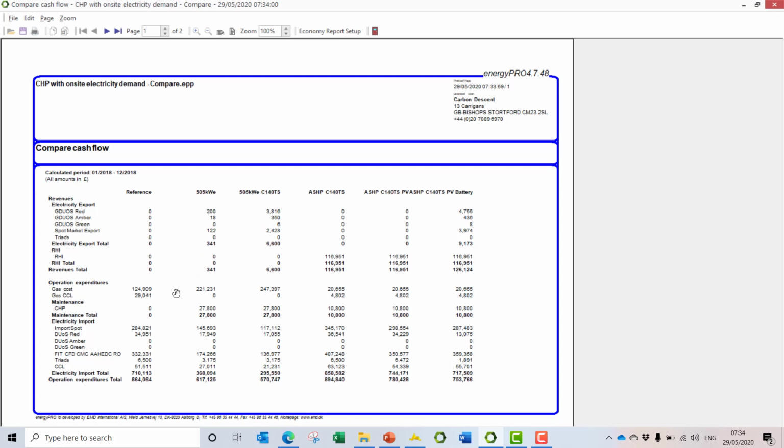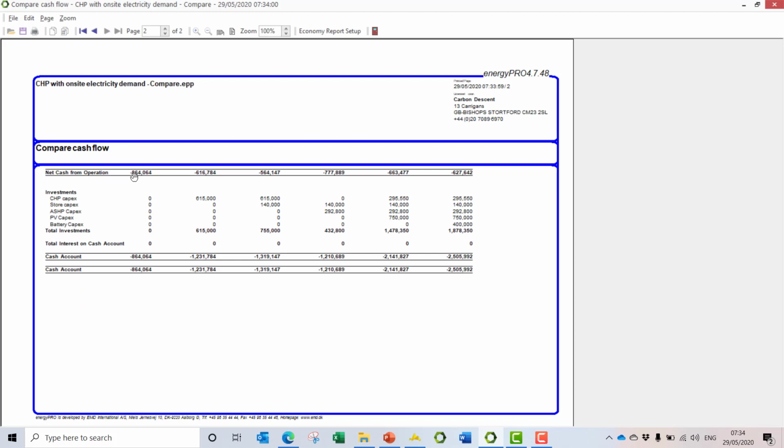and we could see the revenues at the top here. So income, exports in the case of the CHP and the PV, and subsidies, and then our costs, gas costs and electricity costs, and all the complexity of the taxes and charges on electricity.